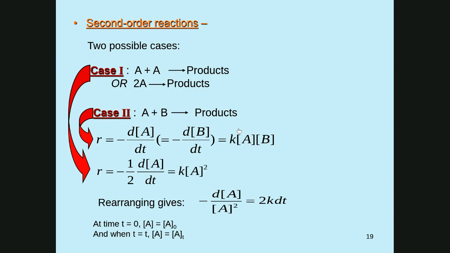Now, conversely, if you increase the concentration of A, the number of A molecules that are colliding with B also increases, and the number of collisions will increase in proportion with that concentration as well, as can be seen fairly easily.